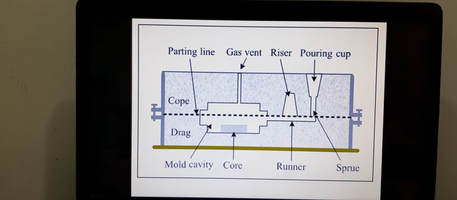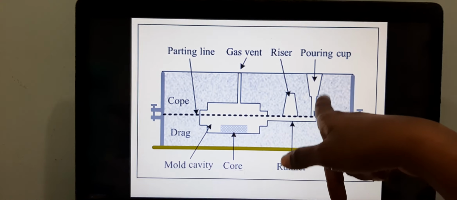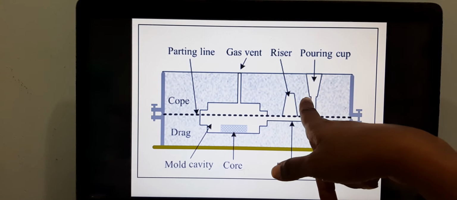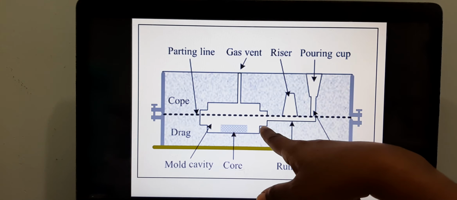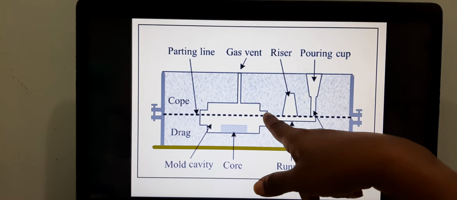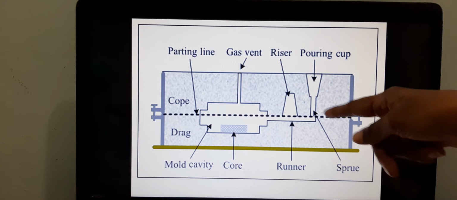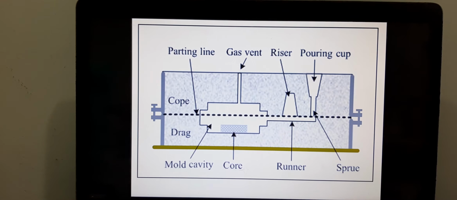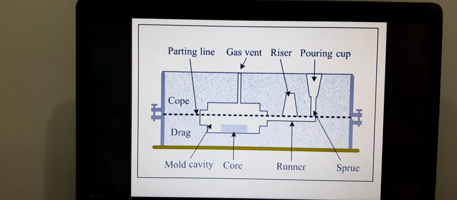If it expands, it's okay, but if it shrinks, the riser will keep the liquid metal in liquid form for a very, very long time. So it will release the liquid metal to fill up the shrinkage, to compensate for the shrinkage. Then you have sprues and runners, and this is obviously your mold in the typical sand casting process.